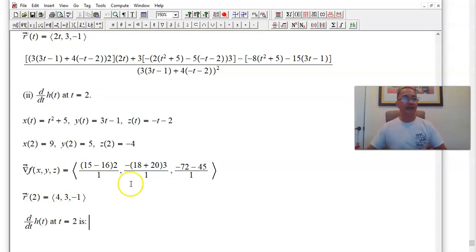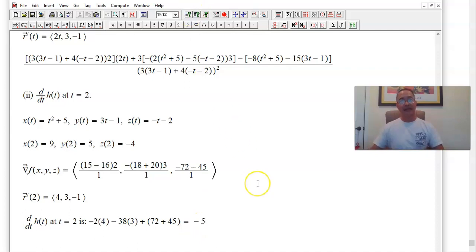That's negative 1 times 2, so minus 2 times 4, we're taking the dot product. 20 plus 18, I'm sorry, I was looking at the minus there. 38 times 3, so minus 38 times 3, and then minus 72 minus 45, so minus 72 plus 45 times negative 1, so it's going to be plus 72 plus 45.